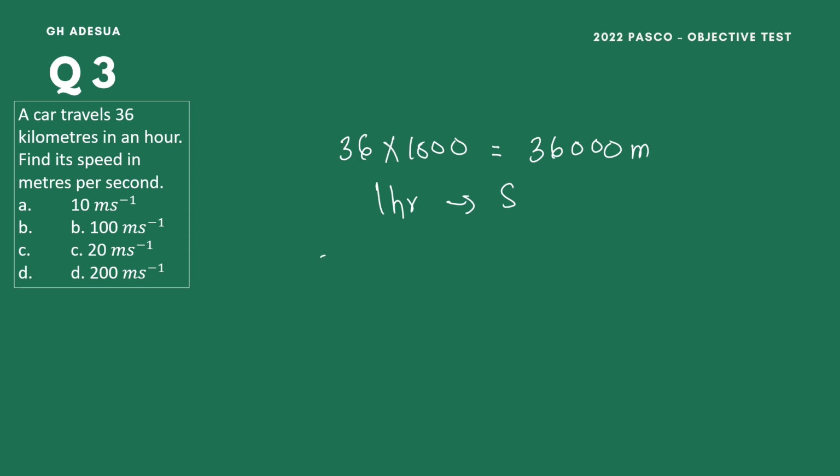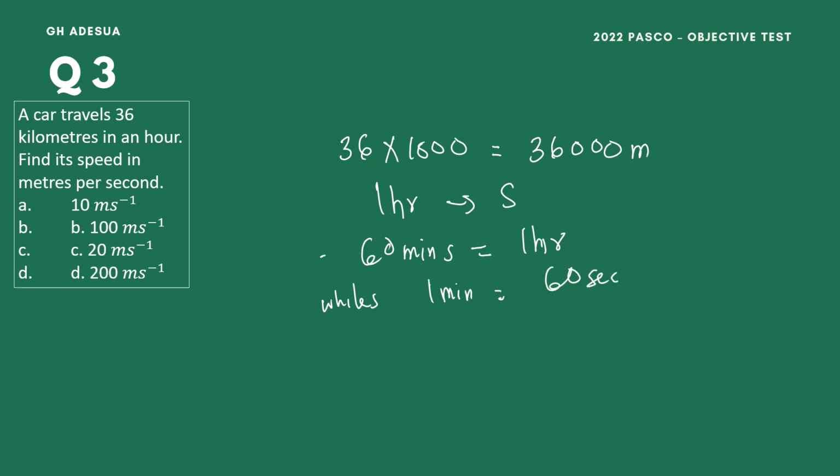We know that an hour, or even 60 minutes, is equal to an hour, while a minute is also equal to 60 seconds.